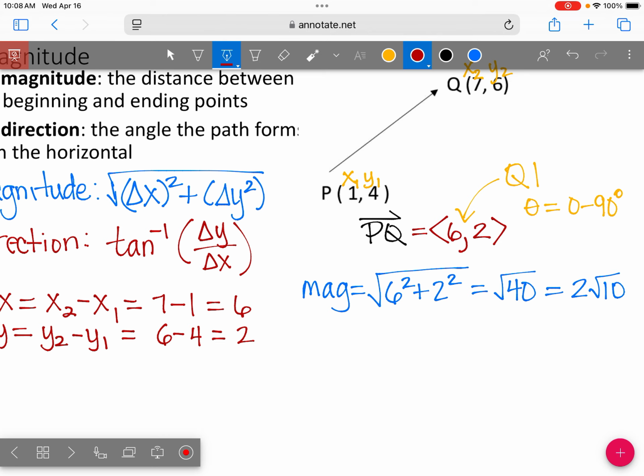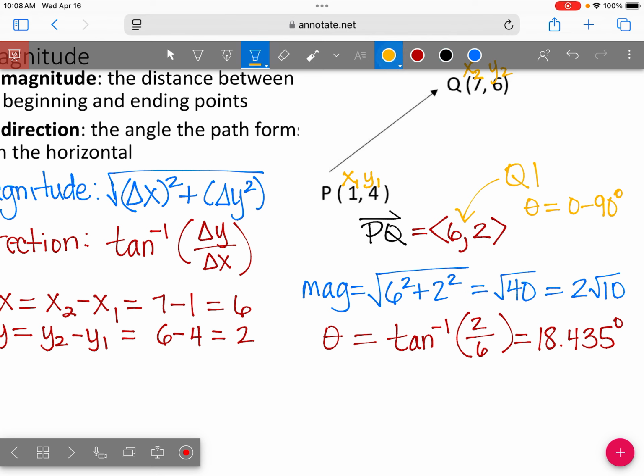So my direction, which is theta, is going to equal the inverse tangent of the change in y, which we figured out was 2 over 6. And we're going to go out to the thousandths place. When you type that in your calculator, you should get 18.435. And that would be the magnitude.